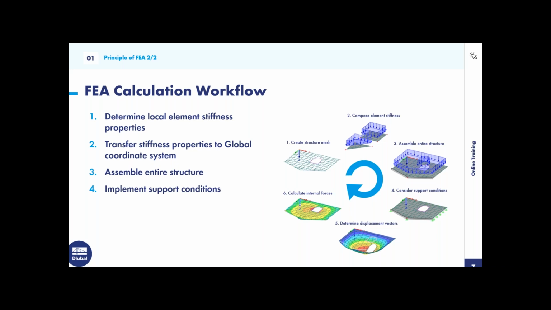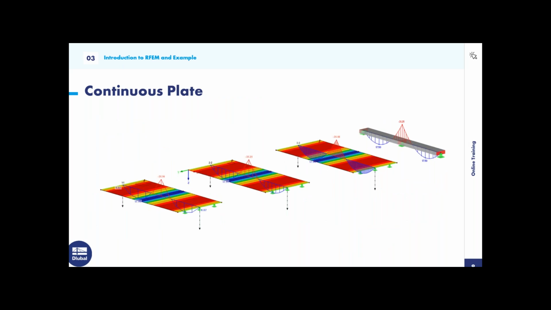And then the boundary conditions or supports are defined, and these can consist of sliding, rigid, or hinged. Then the displacement vectors can be determined by solving the system of equations. And then the last step is to obtain the support forces and internal forces from the calculation. So now we can move on to the first example.